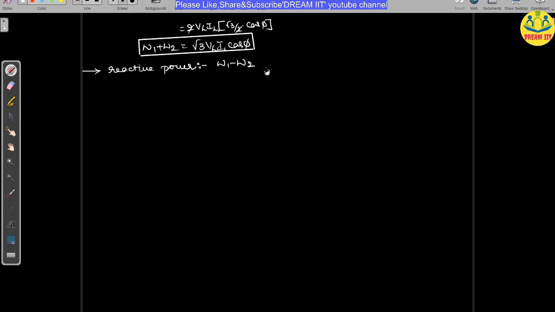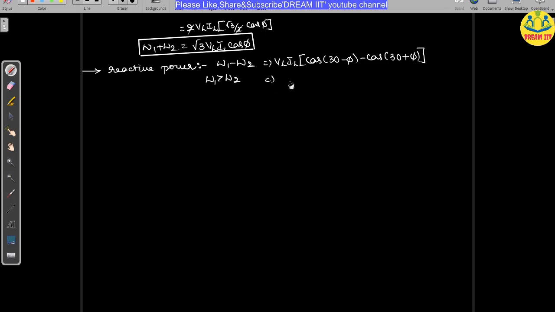Whenever you take W1 minus W2, you will get VL IL times cos(30 minus phi) minus cos(30 plus phi). Here I have considered W1 greater than W2.